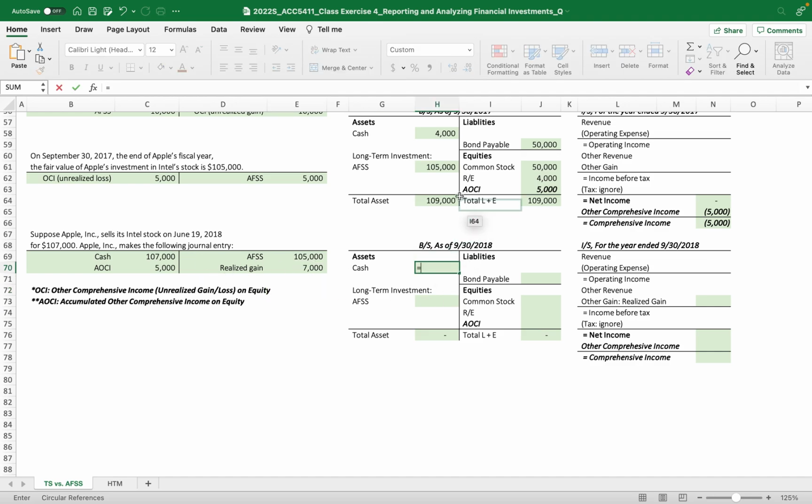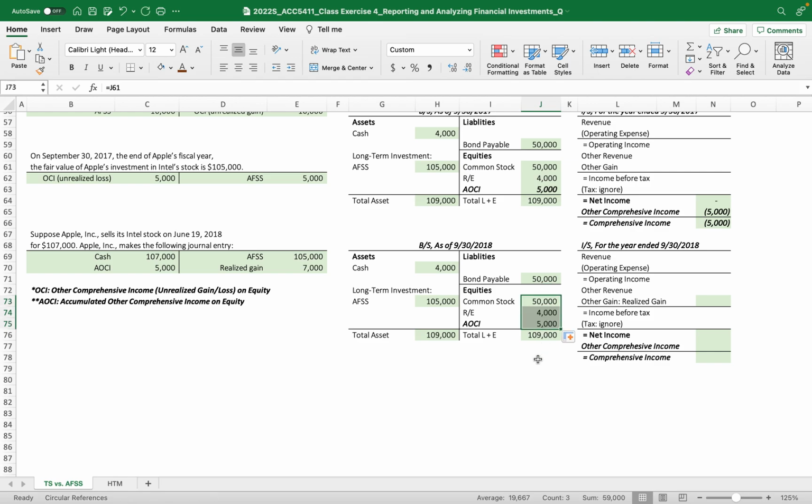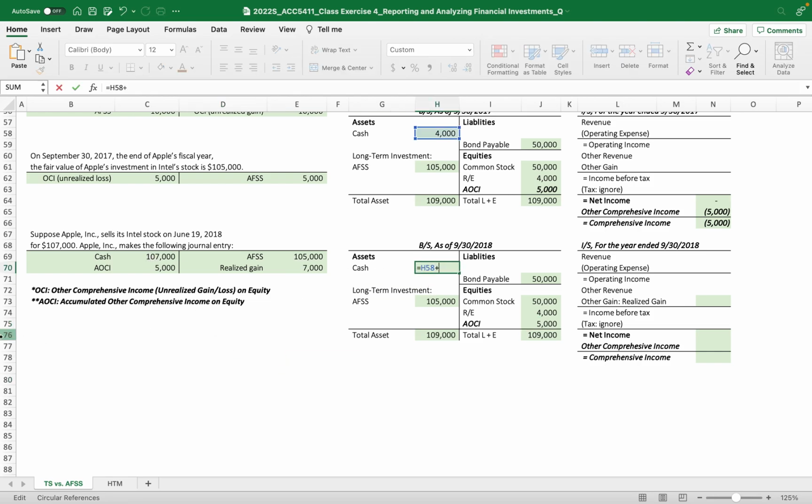And then here cash is always the starting point. Okay, let's get started from there. The cash goes up because the company sold the stock, and then AFSS must be now 0, removed, right?